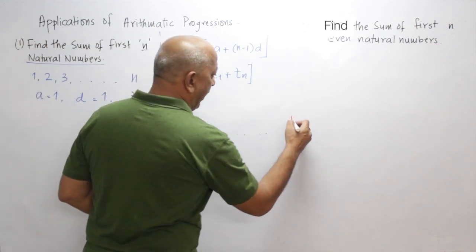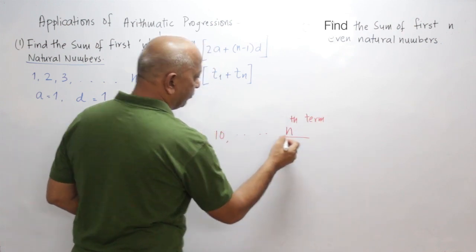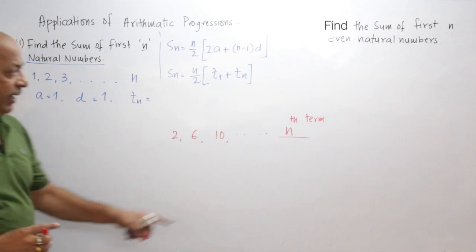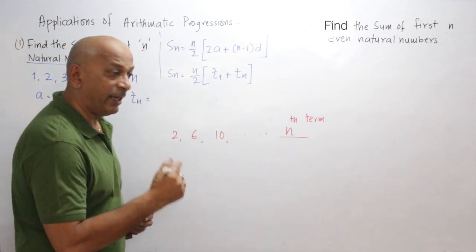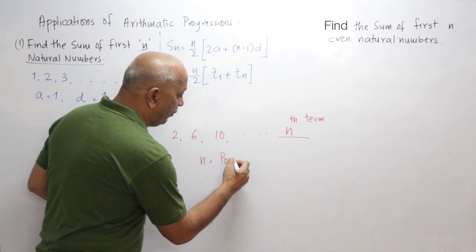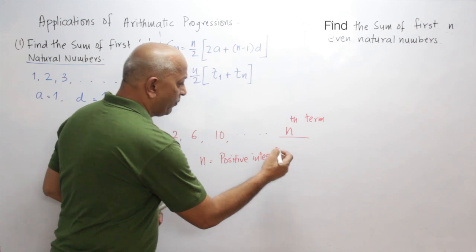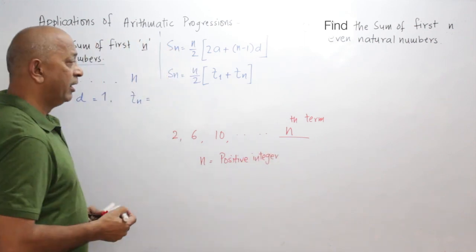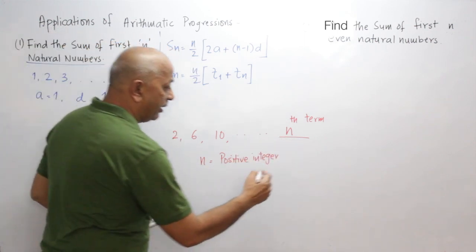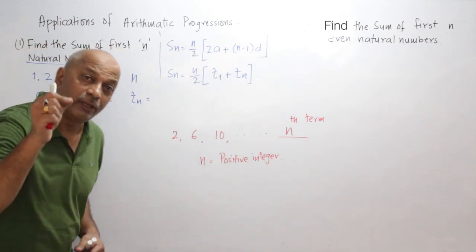So this is the nth term. n हा काय आहे? हा एक नंबर आहे. n is a number. n is a positive integer. n म्हणजे this is the place of a term.